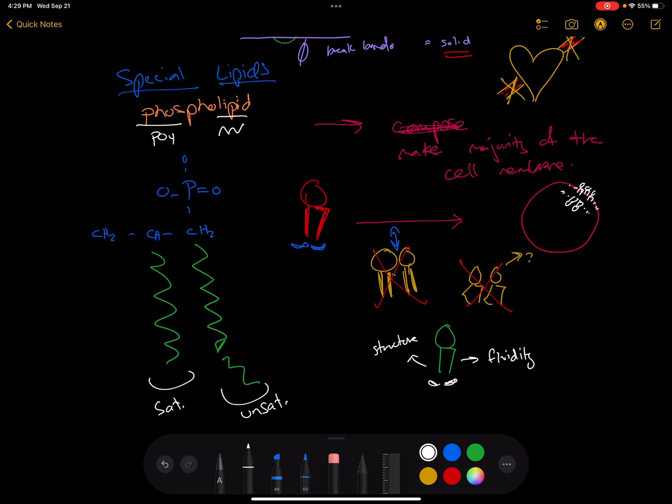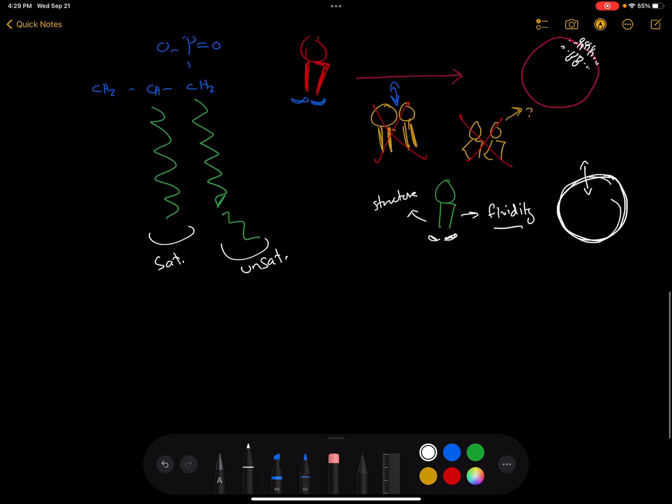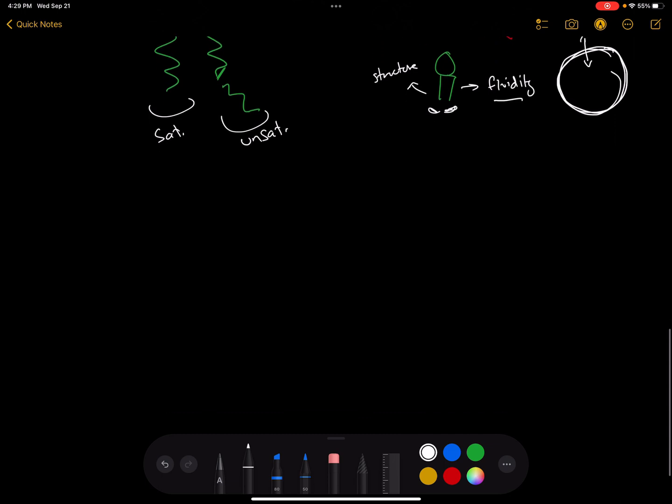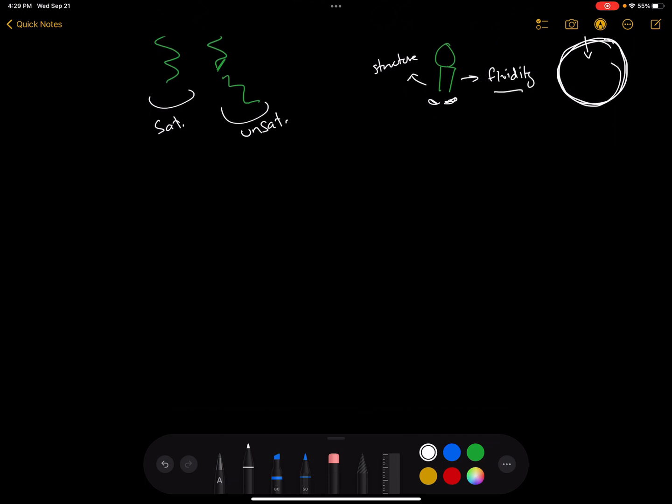So when I have both of those together and I draw my cell, it can hold the shape, but because some of it has liquid properties, I'm going to be able to get things in and out of it. And that's why these phospholipids are the best: they have 2 of those tails, one saturated, one unsaturated.